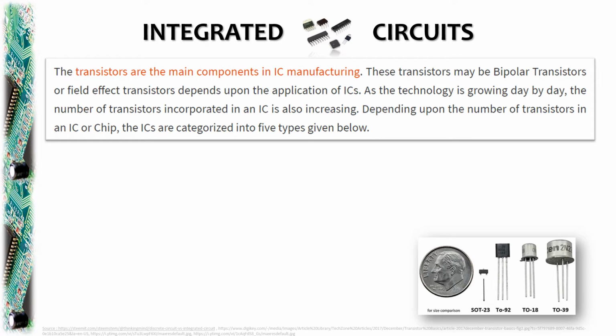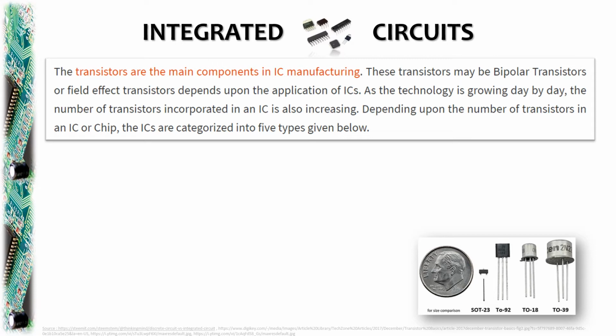We have SOT23, we can say it's the latest version or most advanced size. Still, we have even smaller transistors than this. So these are transistors, and you can see three different terminals for the connection to the external circuit, because we are going to incorporate these transistors in any device, right?